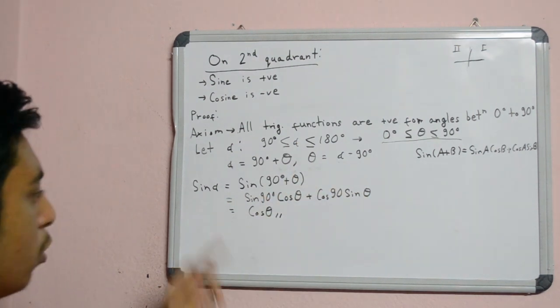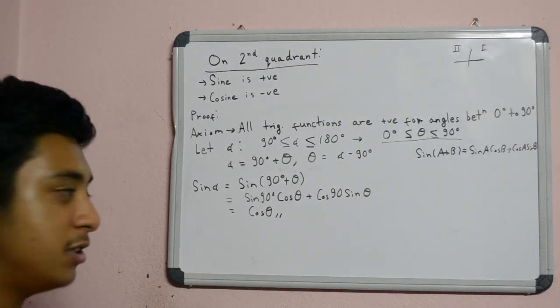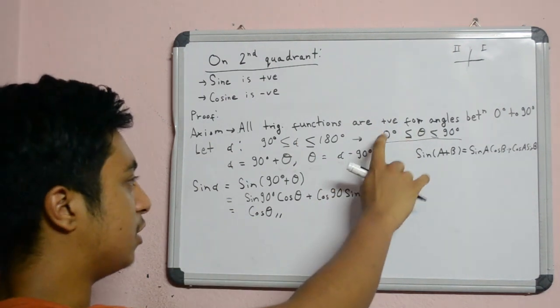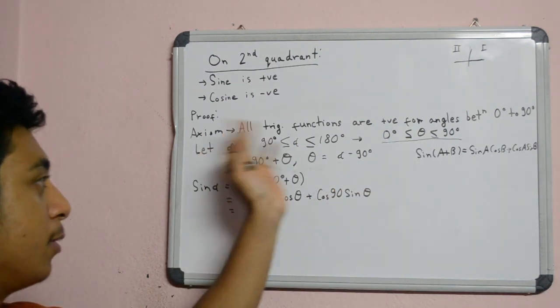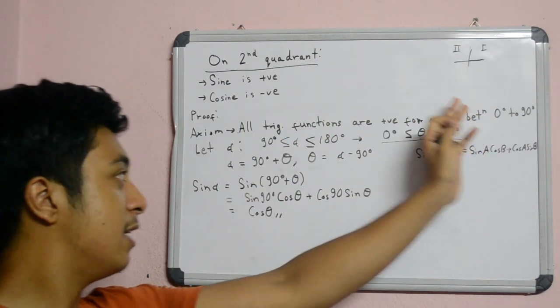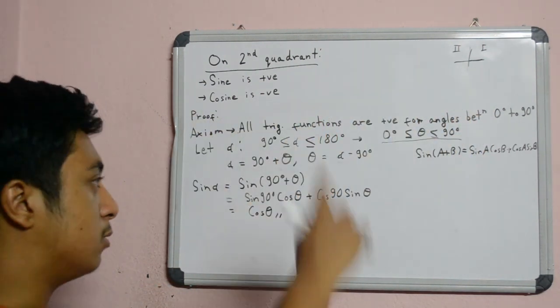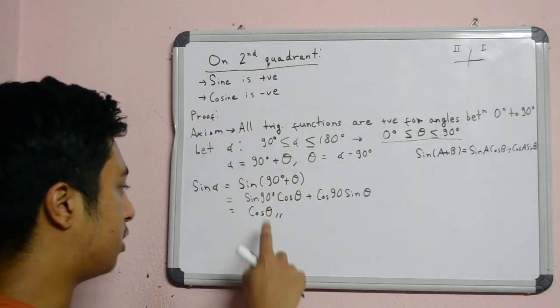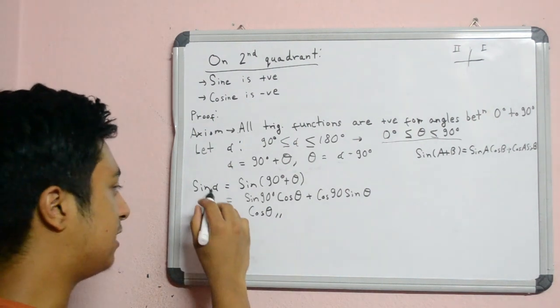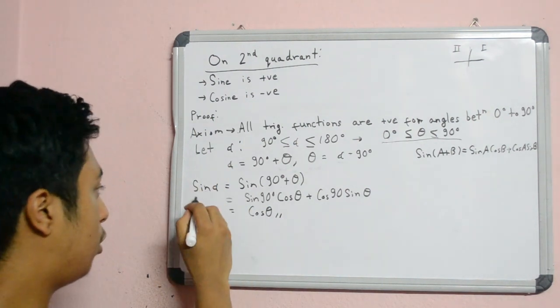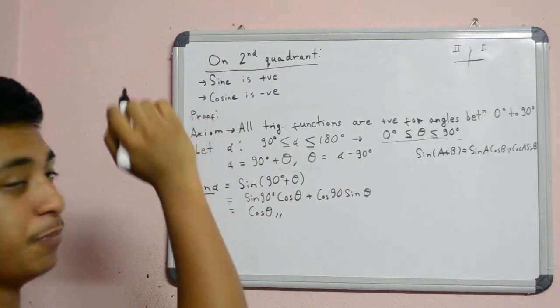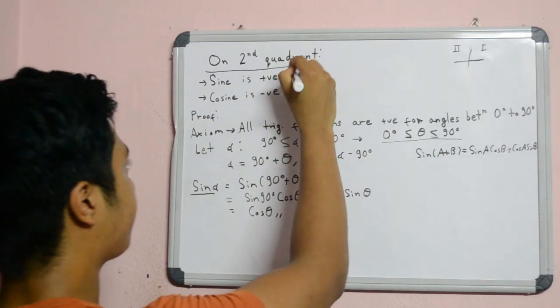Now how can we know this is positive? Well, I already mentioned theta lies between 0 and 90, and since all trigonometric functions are positive there, that includes cos. So cos theta must be positive. And since this is equal to that, sine alpha is positive on the second quadrant.